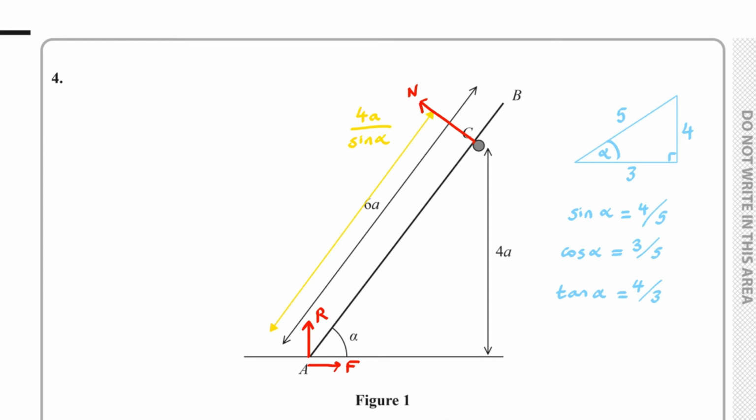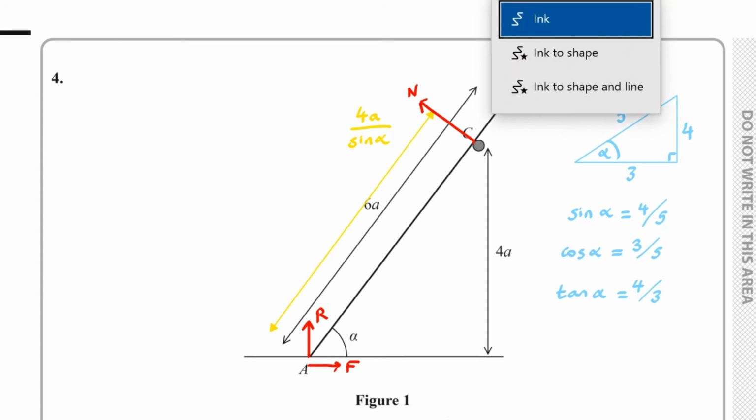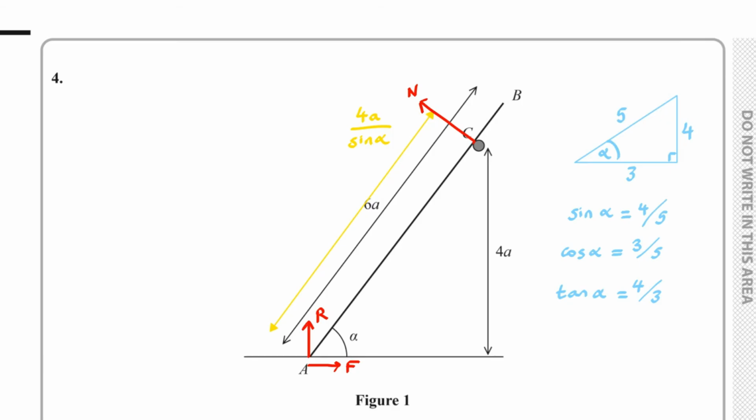So essentially over here, somewhere over here, we'll add it in grey, the weight of the plank acting down. So the weight of the plank, we'll do it in red actually, that weight is equal to mg.